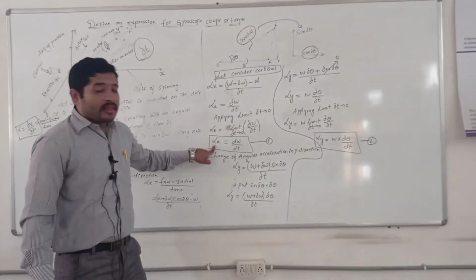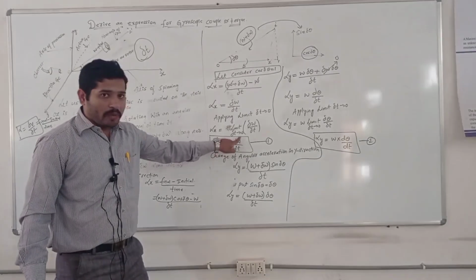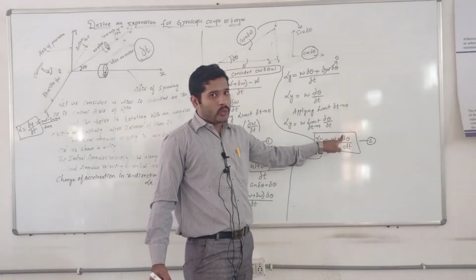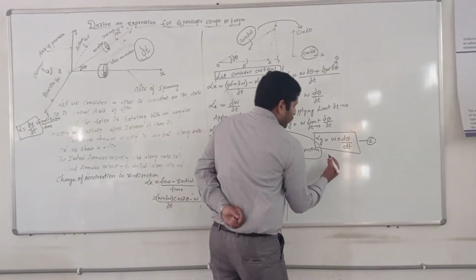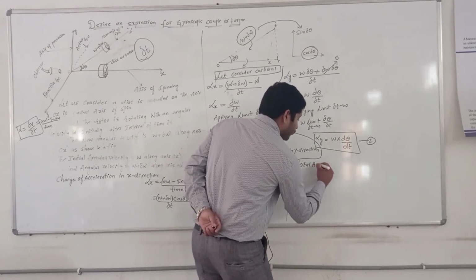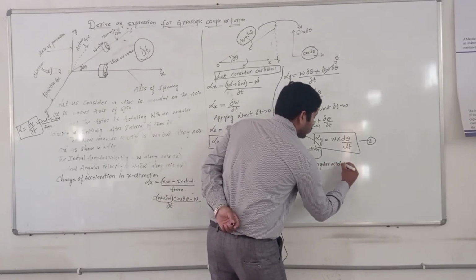So alpha x is nothing but the angular acceleration in the x direction, which is d omega by dt. The angular acceleration in the y direction is omega into d theta by dt. We got it. After that, we need to find the total angular acceleration.